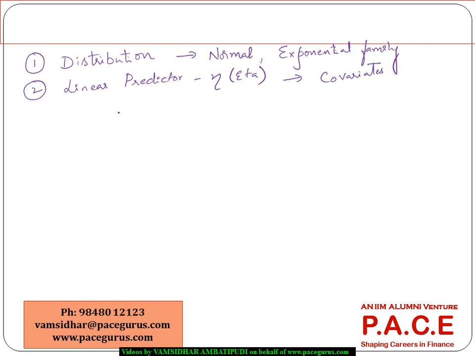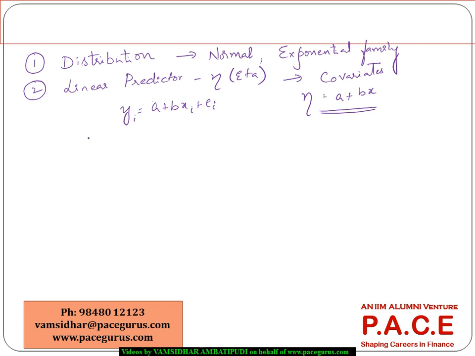So in a typical linear regression where y equals a plus bx, that is, yi equals a plus bxi plus ei, my predictor eta is nothing but a plus bx. So this is a linear predictor.